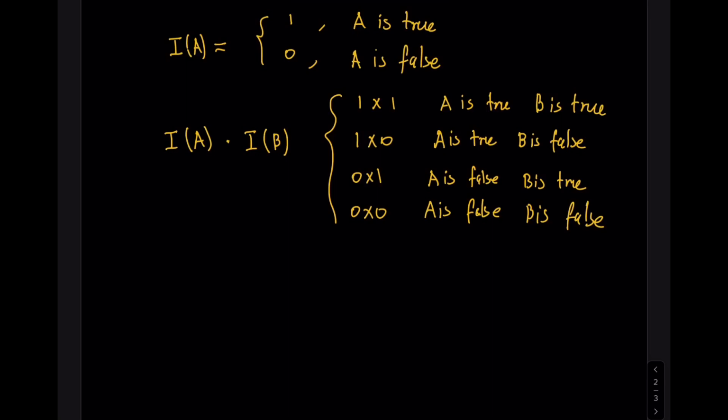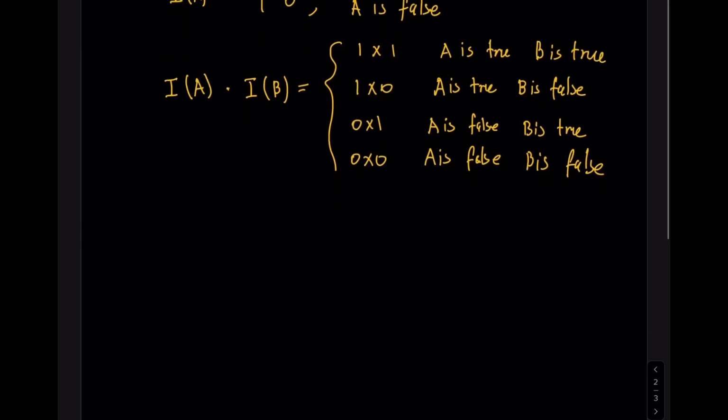Now, if we summarize this, it turns out that the only time you get a value of 1 is if both A and B are true. So what we could say is this becomes 1 if A is true and B is true, but 0 elsewhere.